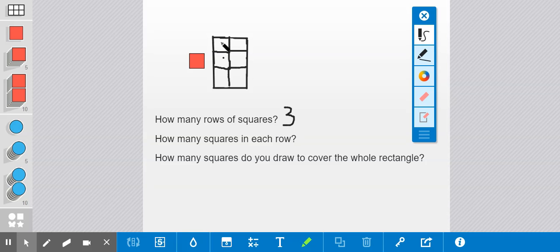Well, we can see 1, 2 are in each row. So our answer is 2. Now, how many squares do you draw to cover the whole rectangle? So how many squares are there total? 1, 2, 3, 4, 5, 6. You can draw 6 squares to cover the entire rectangle.